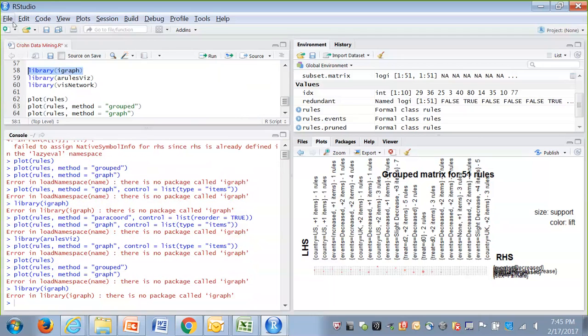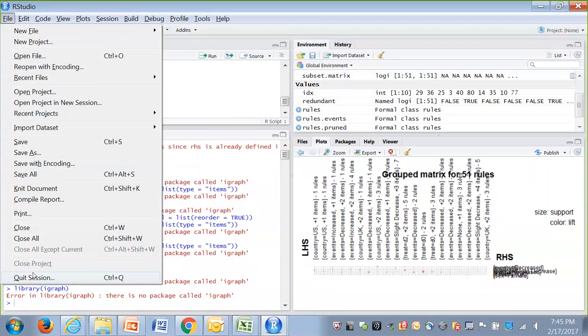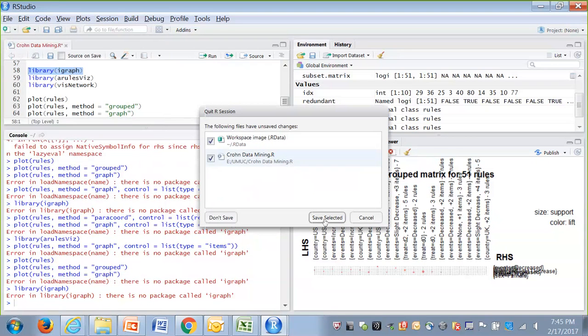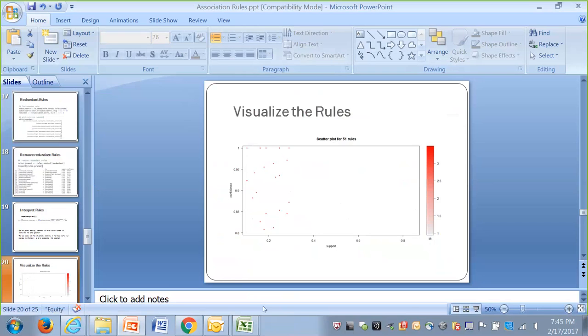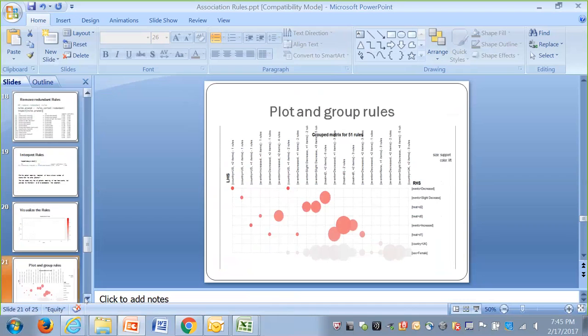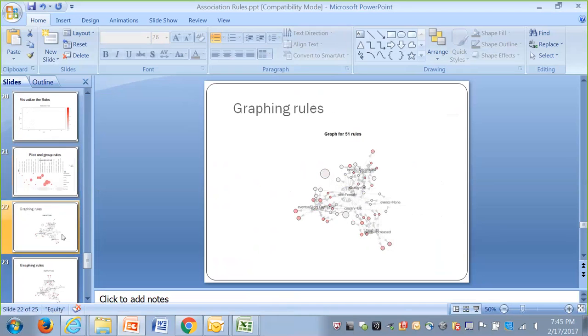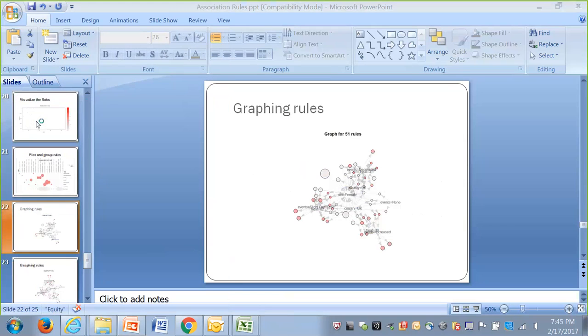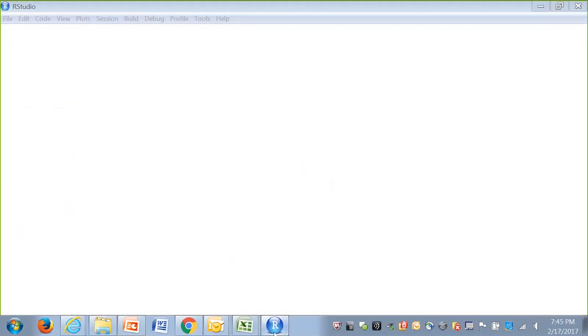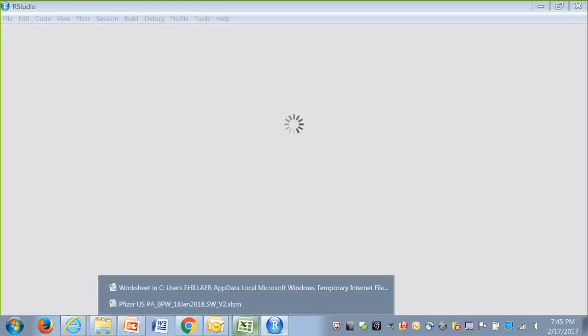Hold on one second. Let me restart my session, and I'll be right back. As I restart, we'll just go through the particular plot. I think I'm going to restart my R session and should be able to rerun it. But what I wanted to show was quite an interesting graph.